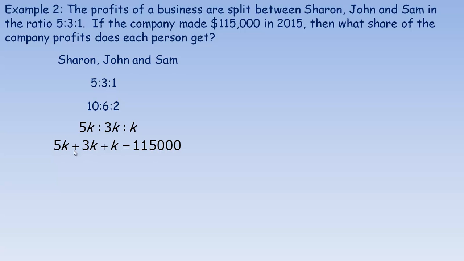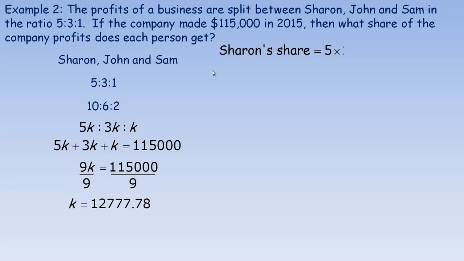So if we add 5K and 3K, that's 8K, plus 1 more K is 9K, so this simplifies to 9K equals 115,000. And we divide by the 9, and so K is $12,777.78. Since it's money, that's why I'm rounding to 2 decimal places. So that's the number that we multiply each of these by to get the actual earnings for Sharon, John, and Sam.